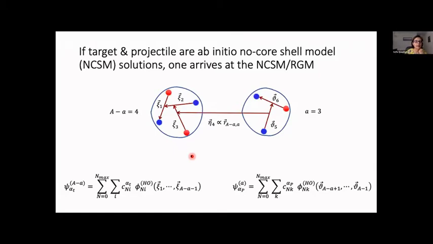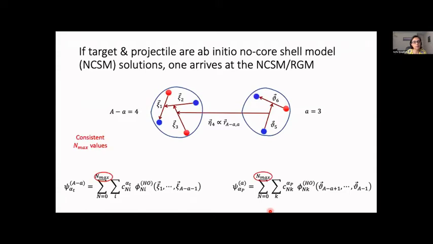And what I mean by saying that the target is the no-core shell model eigenstate is that we are using an expansion in many-body harmonic oscillator basis states of this type. These are, in general, translational invariant coordinates, so they will depend on the Jacobi coordinates of the target and projectile.